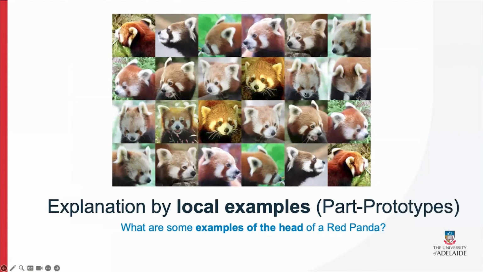Instead of predicting an image as the panda by comparing with other red panda images, we can compare it locally, part by part. For example, we can see the head and compare with images of red panda's head and do it accordingly for other parts. And we call this explaining with part prototypes.